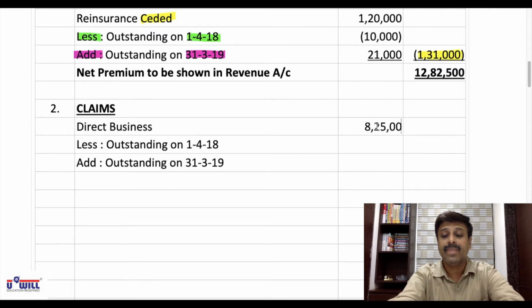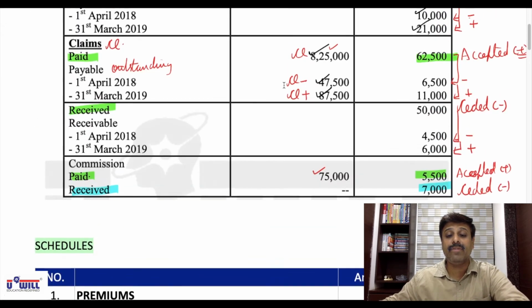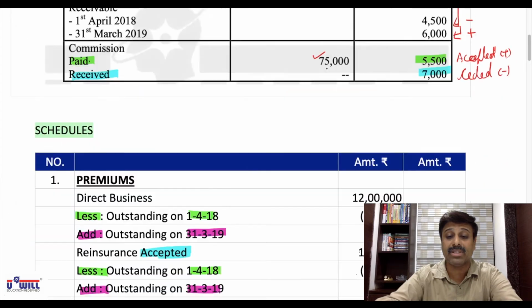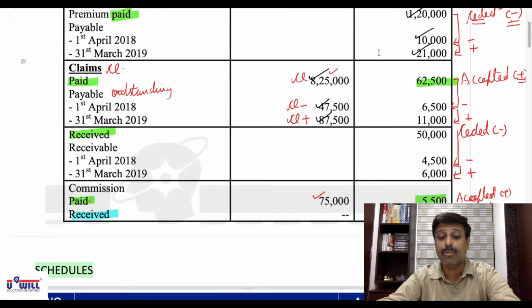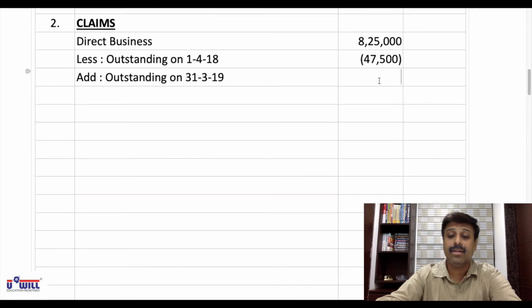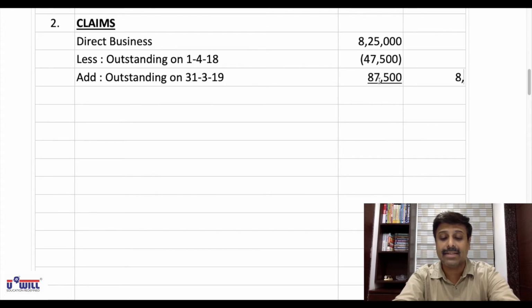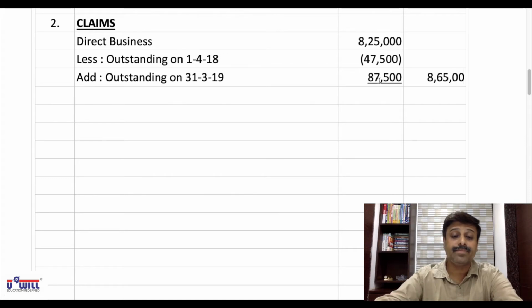In that we have to minus 47,500 opening outstanding, so write it in bracket, and closing outstanding we have to plus, that is 87,500. Outer column what we will get is 8,65,000.